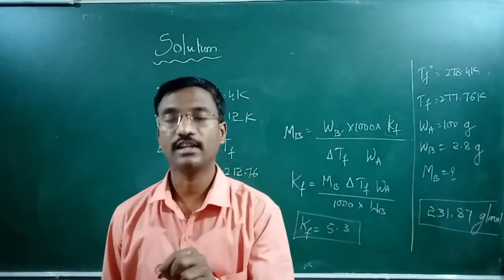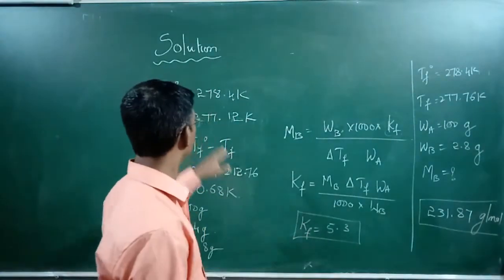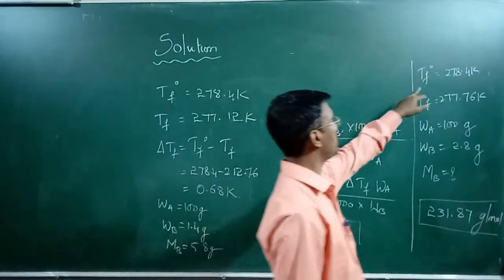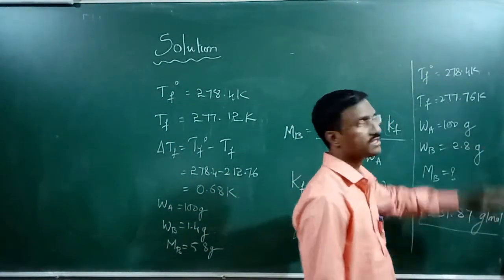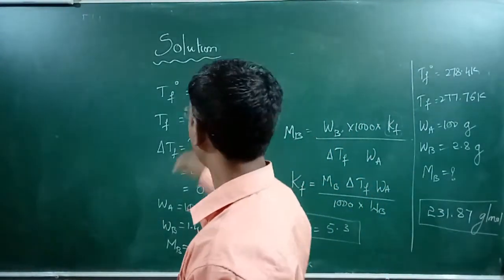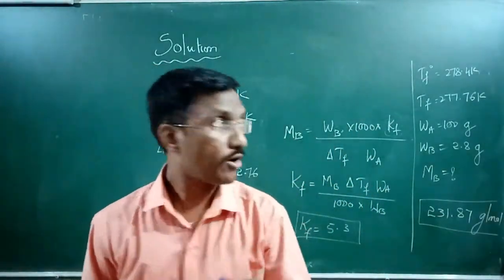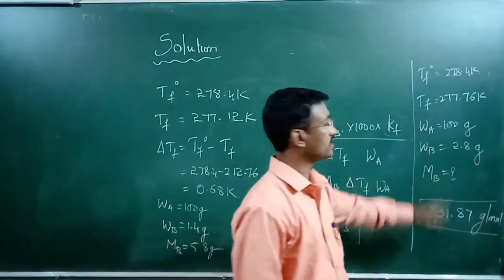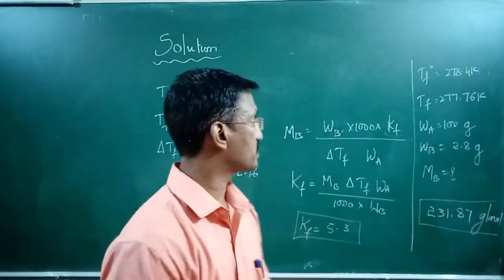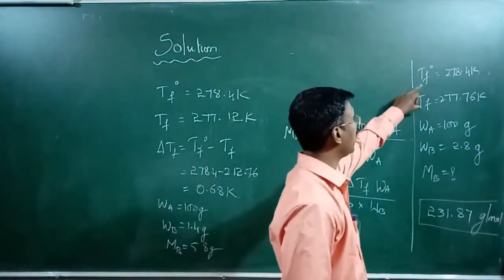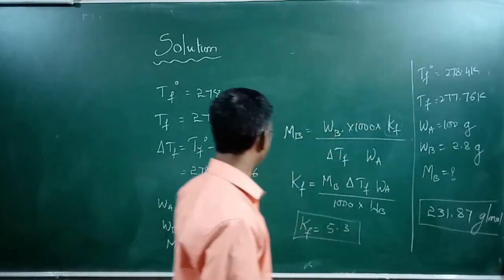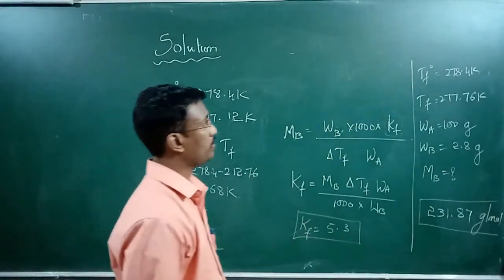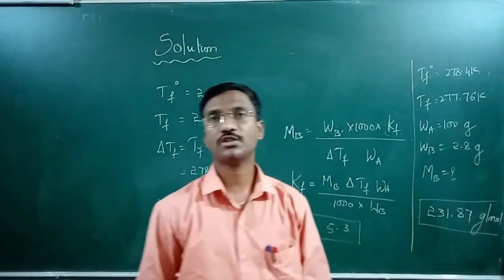In this condition, the freezing point of the pure benzene remains the same. Can you see here delta TF naught has the same value, 278.4, whereas the freezing point of the solution is 277.76. Here again you have to calculate the delta TF. Delta TF slightly varies from here to there. Why? Because the freezing temperatures are different here.